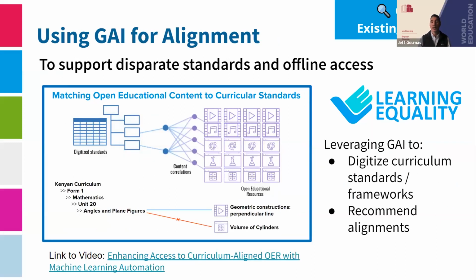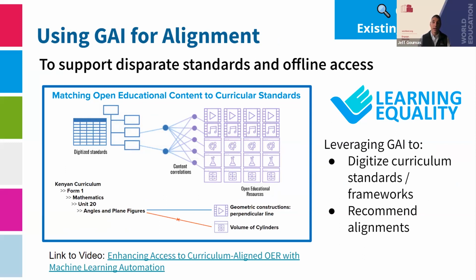One of the Global Learning House partners that I mentioned earlier, Learning Equality, has been tackling this problem with generative AI. They've first been working in countries that might have standards frameworks that aren't even digitized, to digitize those so that we're able to do this curation and alignment and tagging of resources to those standards.